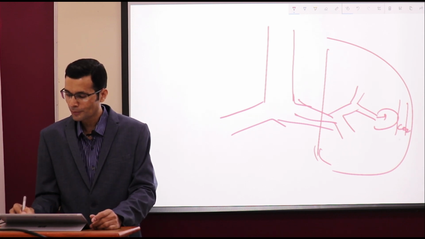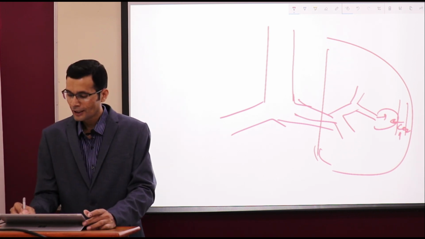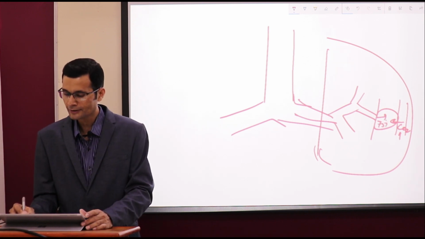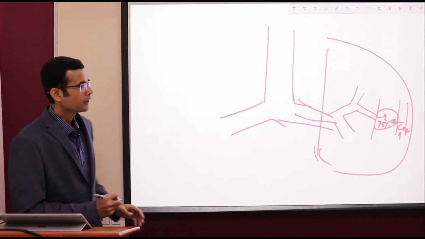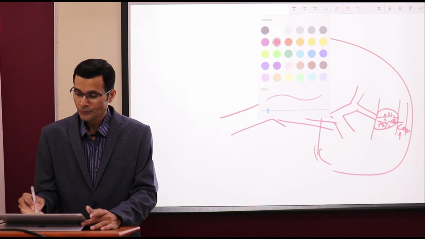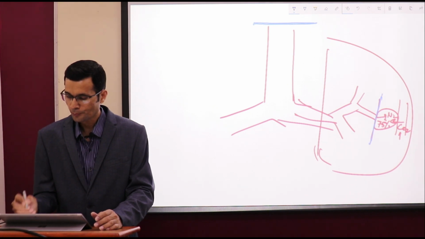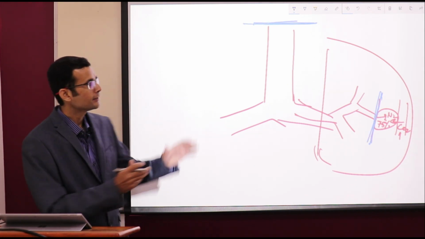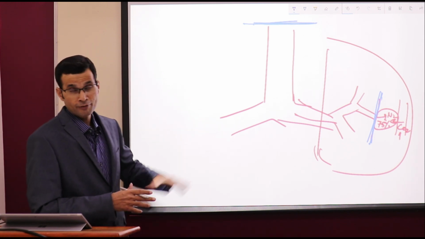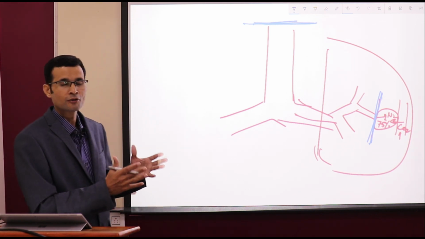Carbon dioxide coming from the blood will come into the alveolus, and therefore let's assume that the alveolar air contains 75% nitrogen. We are going to measure the anatomic dead space starting from the nose and mouth up to the terminal bronchiole, the volume of this entire anatomic dead space. And we have assumed that alveolar air contains about 75% nitrogen.